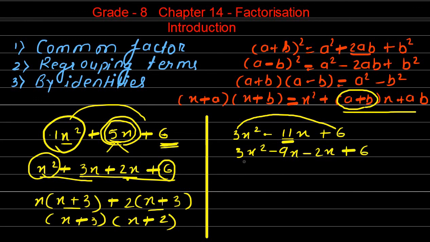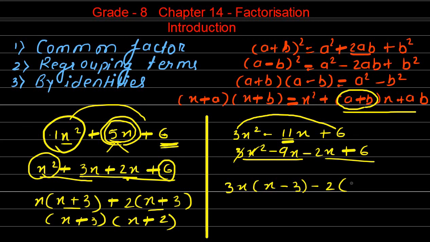Now let's see what's common here. In 3x square and 9x, we have common 3x, right? So after taking 3x common, from 3x square we got x out, minus, and from 9x, we have 3x common, we just get x minus 3. Now the minus sign as it is, what is common in here? In 2x plus 6, we have 2 common, right?